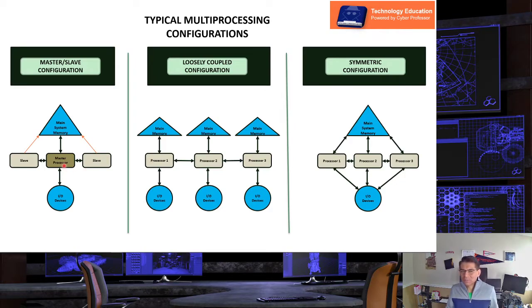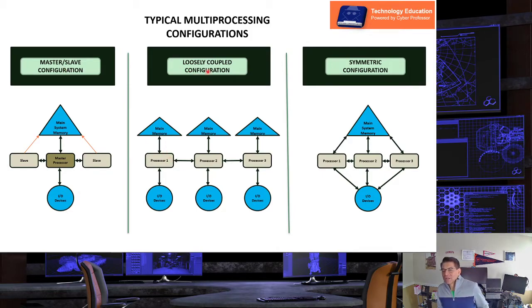And the master processor is also the only one talking to the input-output devices, not the slave processors. Okay, so these 3 right here are CPUs 1, 2, 3. This is system memory, and these are the input-output devices connected to your computer system.